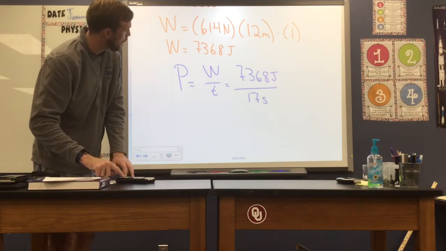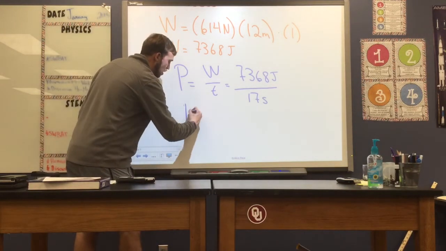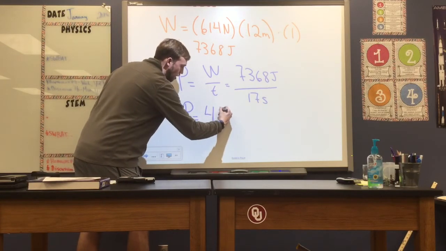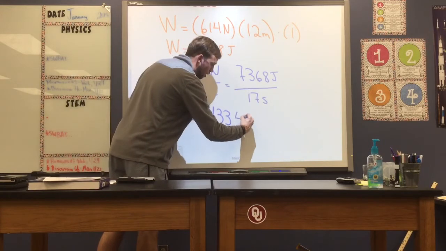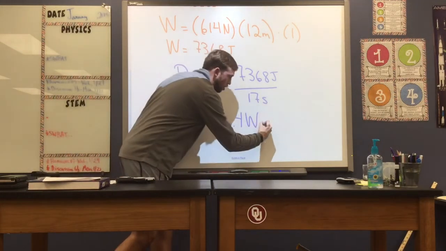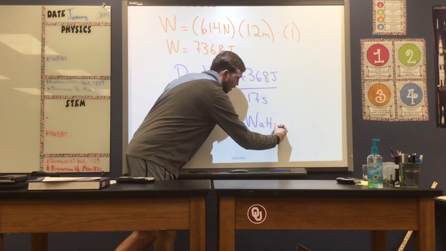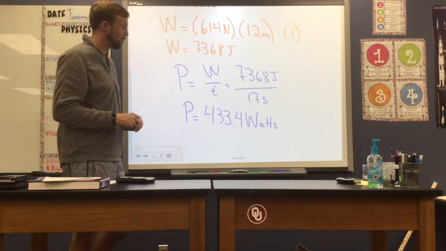The power expended is right at about 433.4. And remember, our units for power are watts. A watt is just a joule per second, in case we've forgotten. It's just the units that we use to measure power.